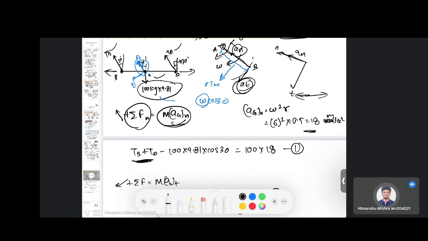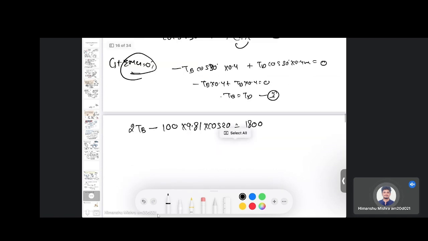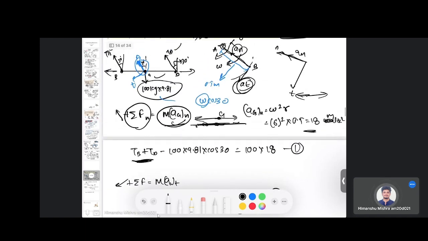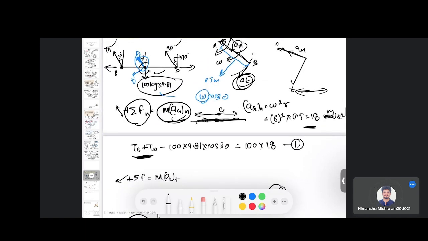G is oscillating along this line, a to and fro kind of motion with no angular motion, and therefore the summation of moment is equal to 0. There is a finite acceleration of this bar, but we take the moment about point G, and this bar doesn't have any angular motion.